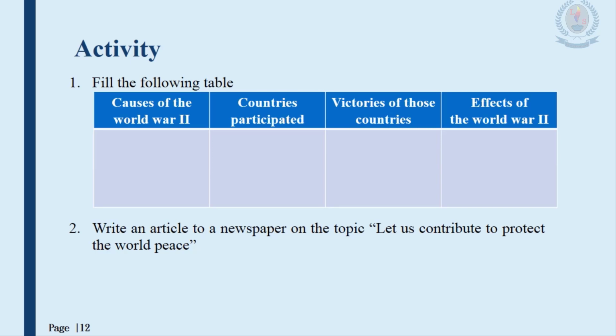So there you can talk about the First World War and the Second World War, and then you need to mention how you can contribute to protect world peace at your level, at national level and international level. What are the steps that can be taken to maintain peace and harmony in the world.